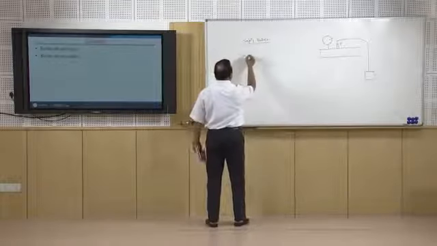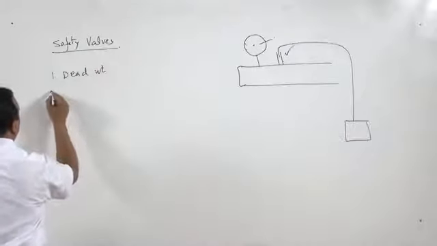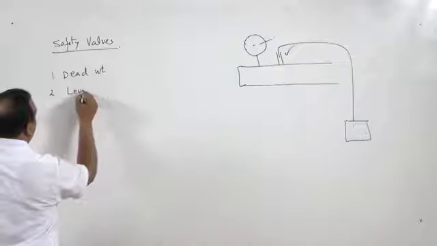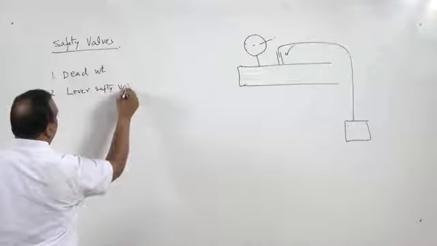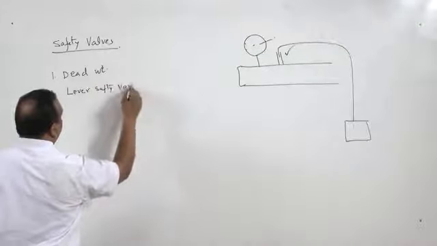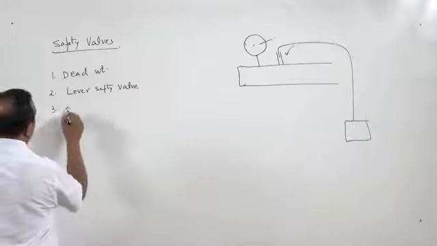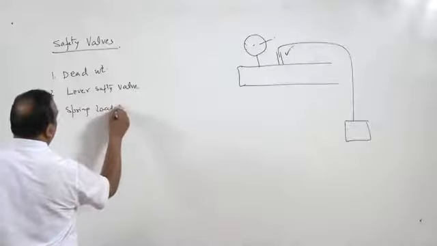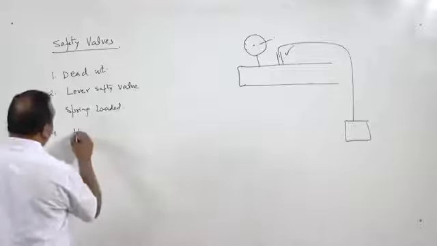One is the dead weight safety valve. The second is the lever safety valve. Third is the spring loaded safety valve, and the fourth is the high steam low water safety valve.